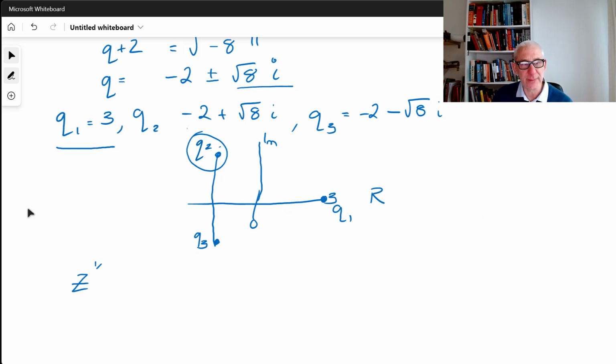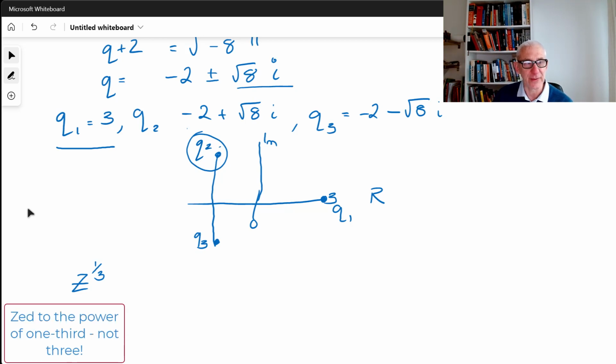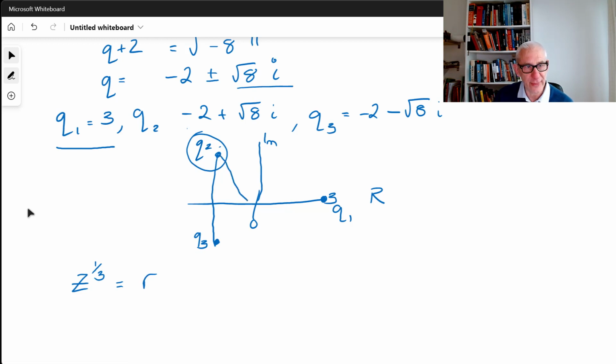So let's just remind ourselves that if we want to take the cube root of a complex number, z to the power 3, you have to take the magnitude, that is the length of the hypotenuse there, if you like. That's going to be whatever the length of that is. You're going to find the cube root of that, and then you're going to multiply that by this bit here. This is the cos of the angle that you start from. So in this case, the first of these is along here.